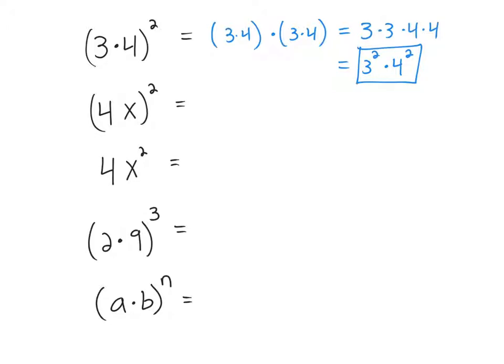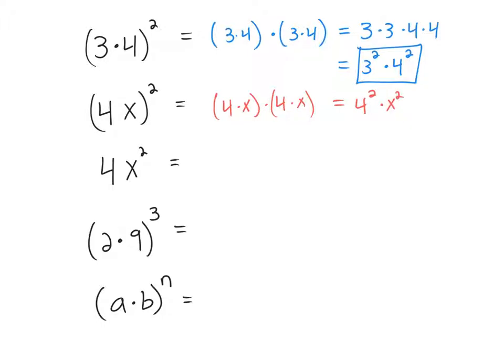Again, we have 4 times x, and this will work with variables too. So we've got, I'll change colors here, 4 times x times 4 times x, and that ends up being 4 squared times x squared.